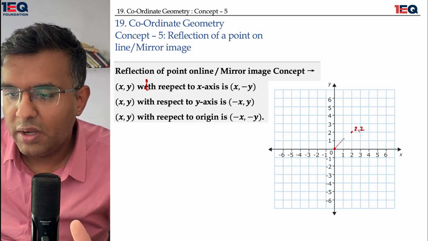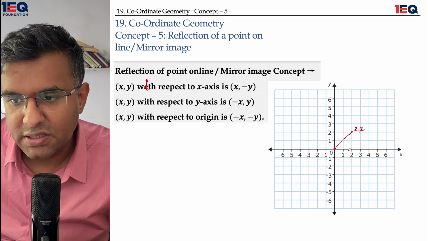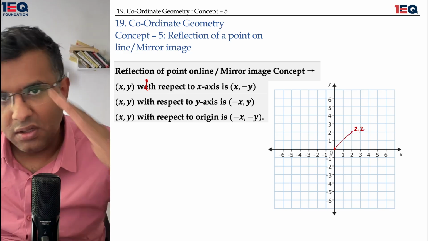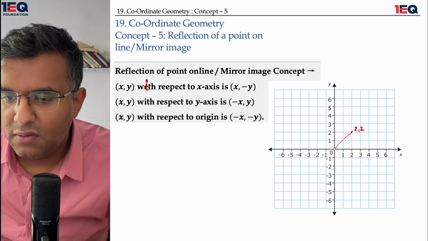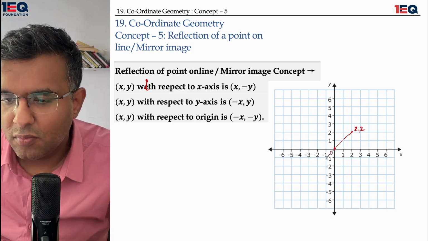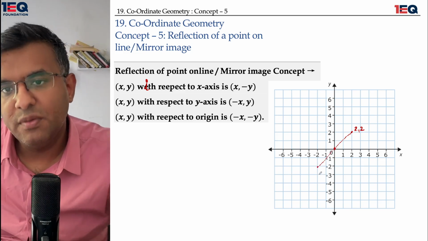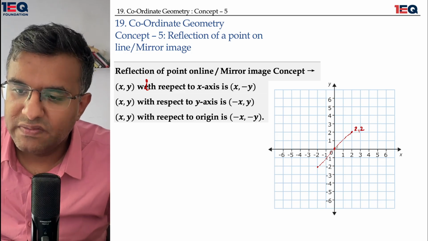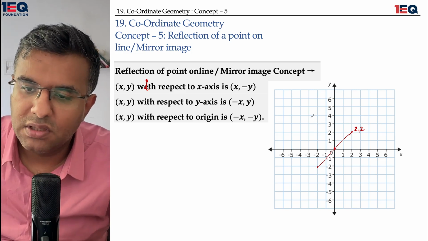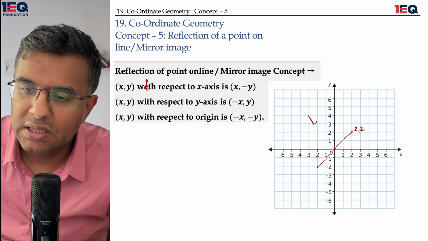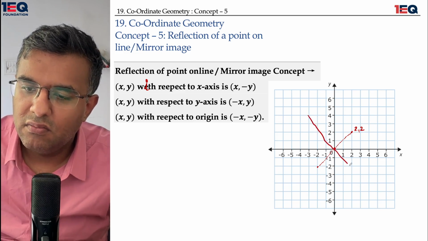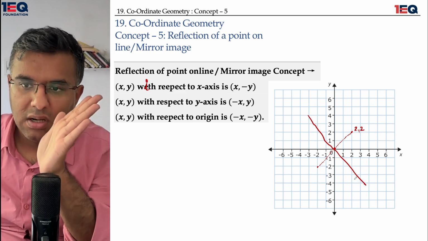If my point is going in this direction, if it is going in the flying direction, it would go back here and it would reach here in terms of a mirror. Why? Because whenever I place a mirror on the origin, the mirror is placed in this tilted format, okay?